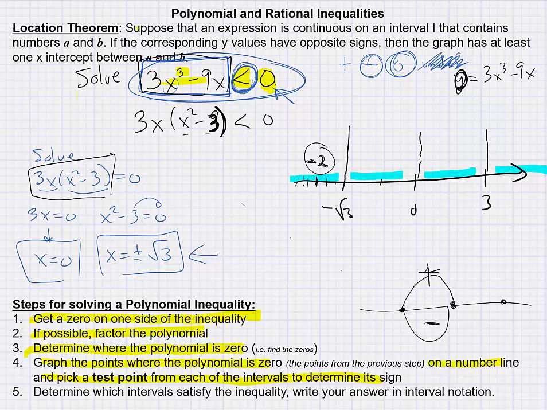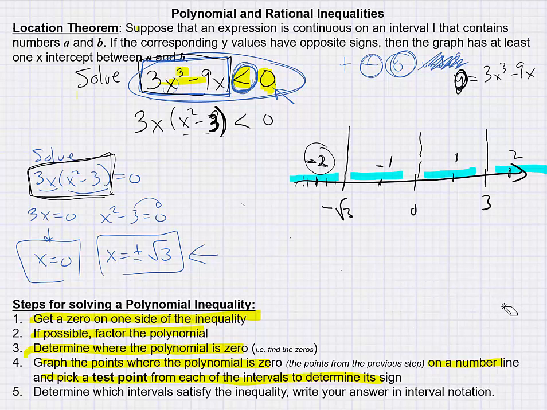I do the same thing here, so let's say negative 1, here positive 1, here I'll go 2. It doesn't matter what number you pick as long as it's in the interval. And see how the expression behaves if it's positive or negative, and then decide what you want. So I'm going to start by plugging negative 2 in.